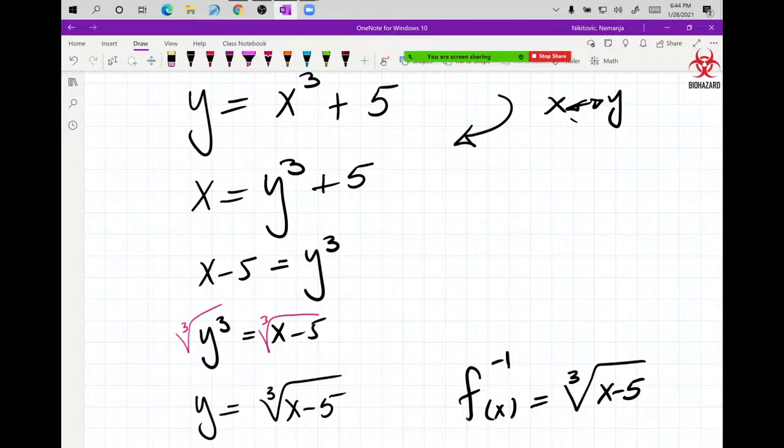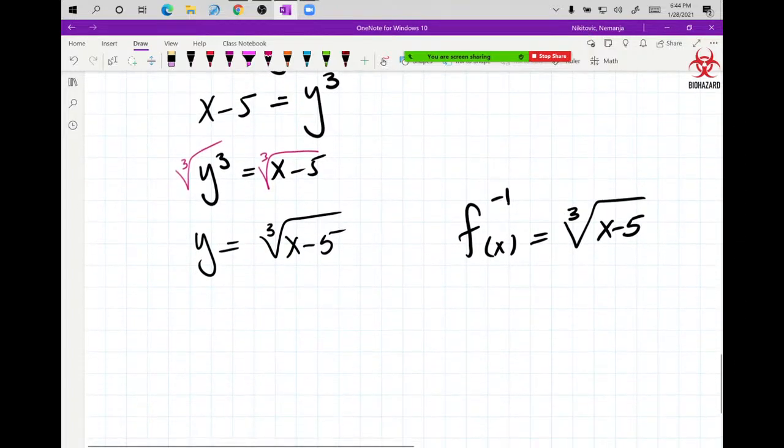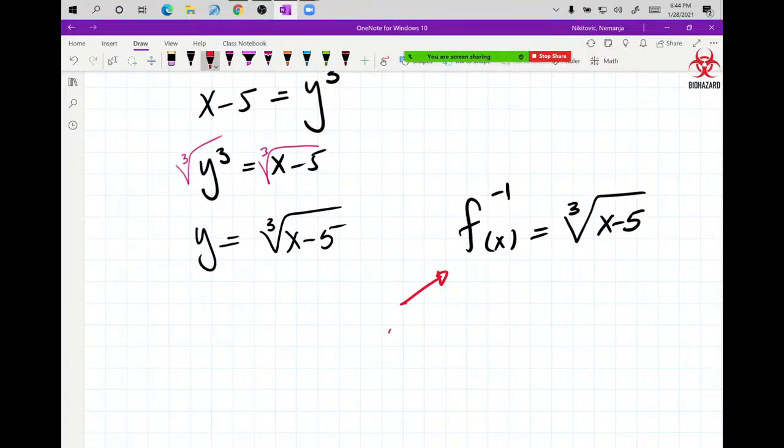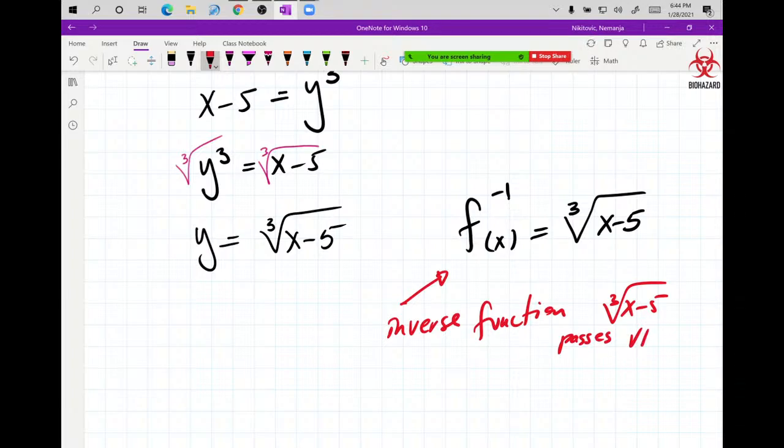Awesome. So now you have a function and inverse function as a pair. So that's great. So this over here is an inverse function, the cube root of x minus 5, and it passes the vertical line test, the VLT.